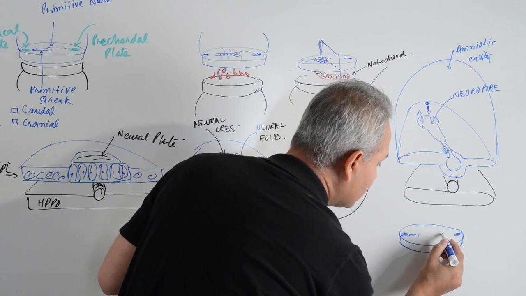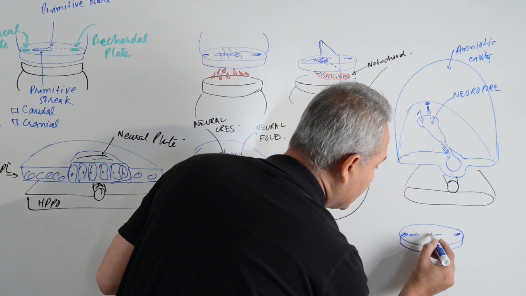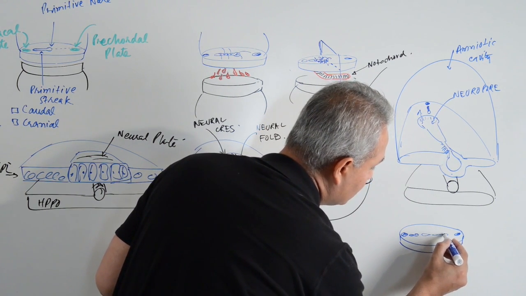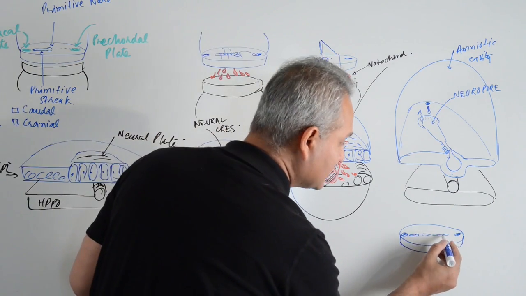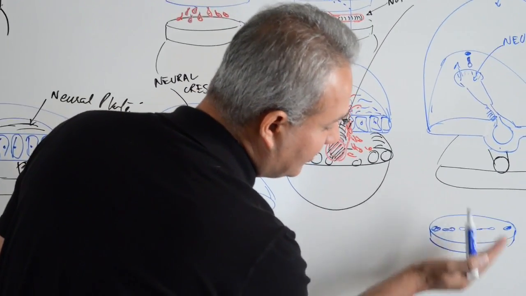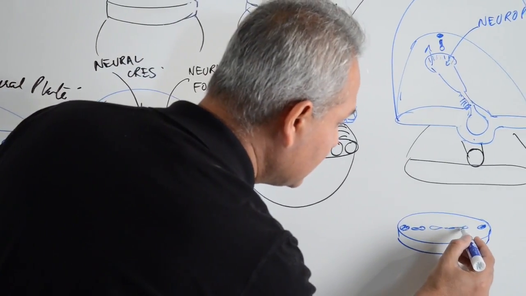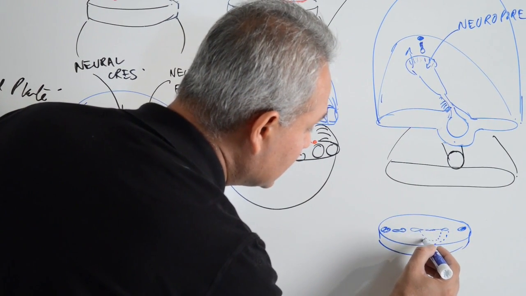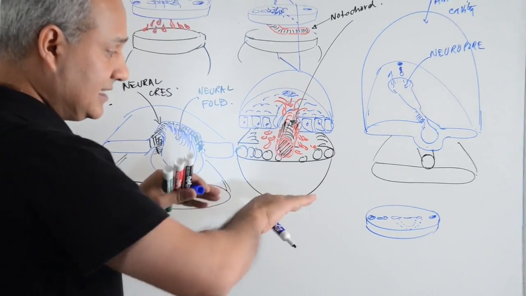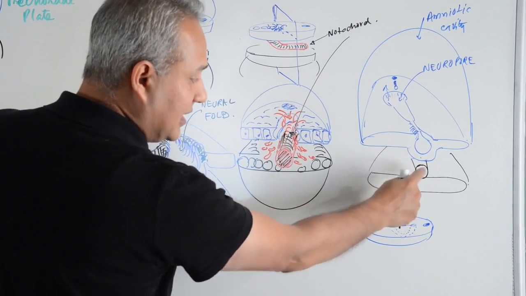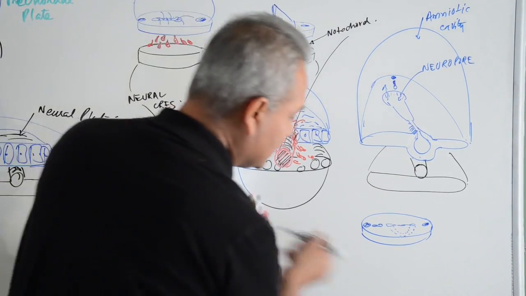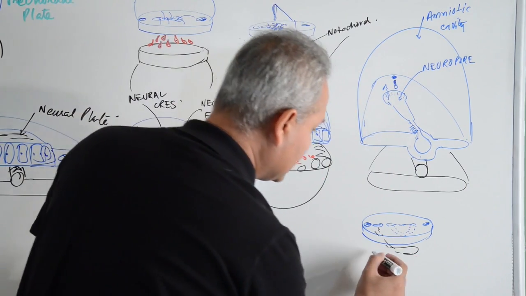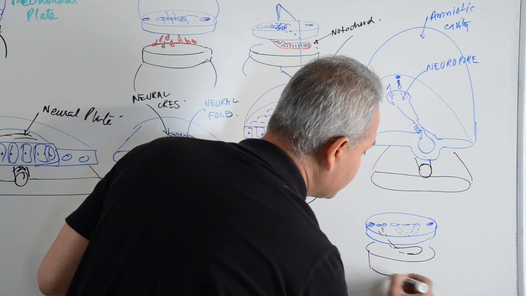So the fold is now closing, and there is one opening on one side, and then there is one opening on the cranial side. The rest of the fold has been closed, and the cells are emerging. So think about a tube that is connected like this, and it is sinking down, coming down. Underneath that is the notochord, and underneath that is the hypoblast.